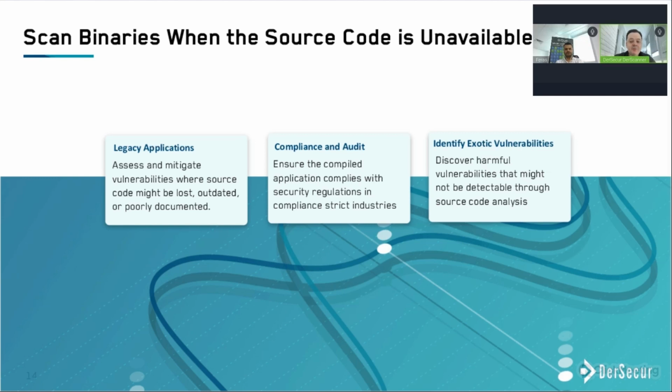But there can be a couple of use cases where the source code of applications is not available. For example, you may have a legacy application that been poorly documented or outdated, or you need to go through a compliance audit pretty fast and you don't have time to collect all the source codes, or you want to target even some exotic vulnerabilities.